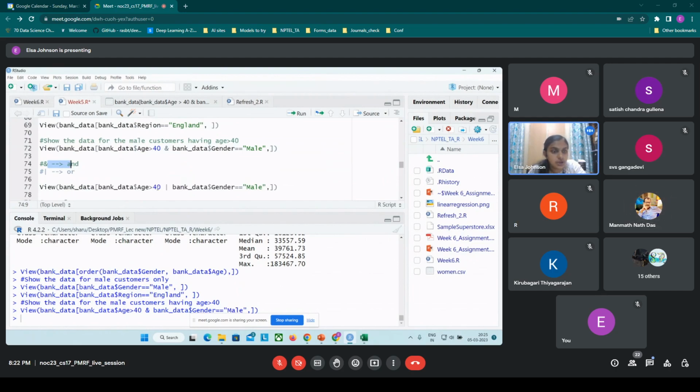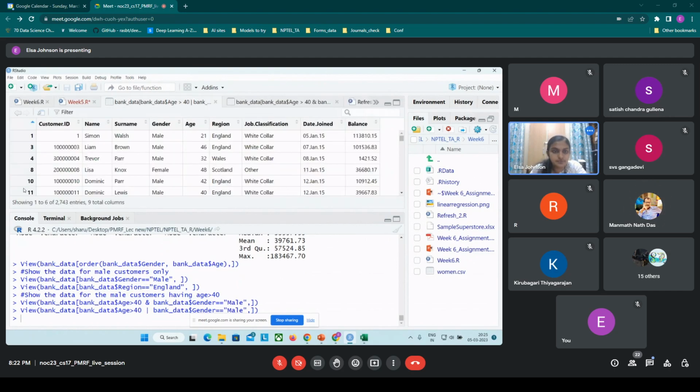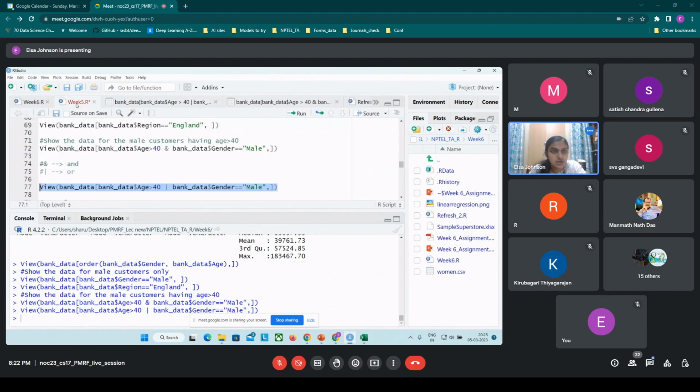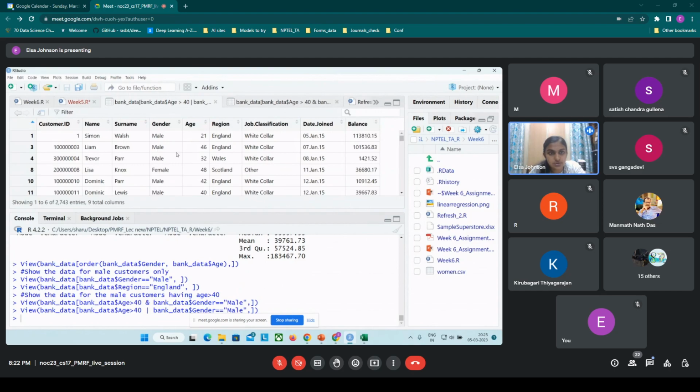If I put or, what will come is either of these parameters: either the age is greater than 40 or the gender is male. That you can also do.